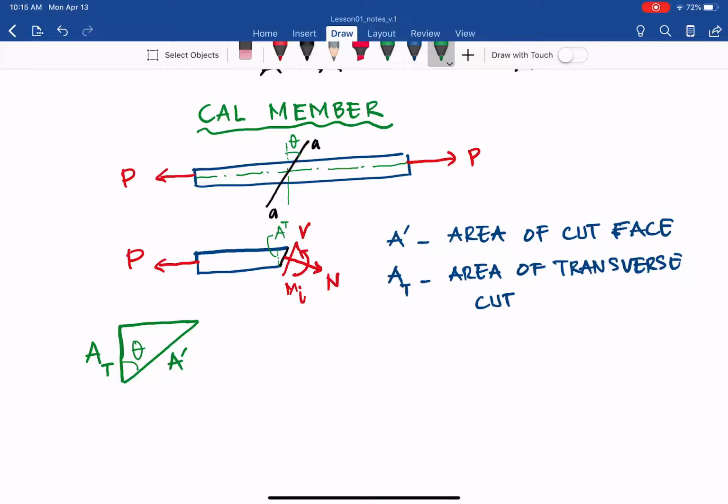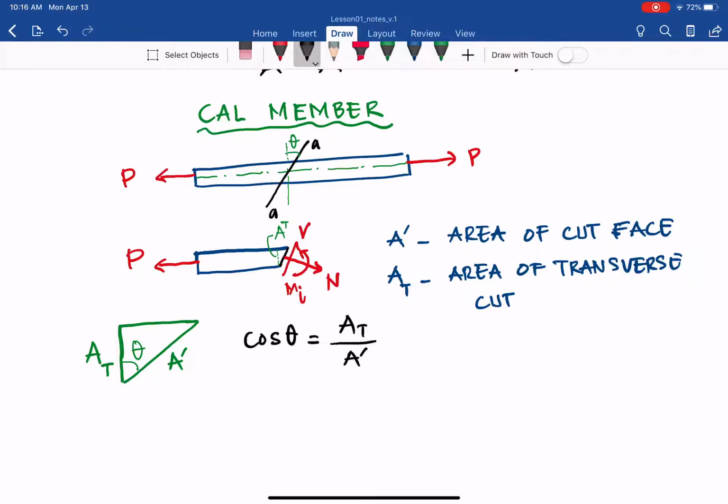With that relationship, A apostrophe is basically the hypotenuse, and AT is adjacent to theta, so cosine theta equals adjacent AT divided by A apostrophe.